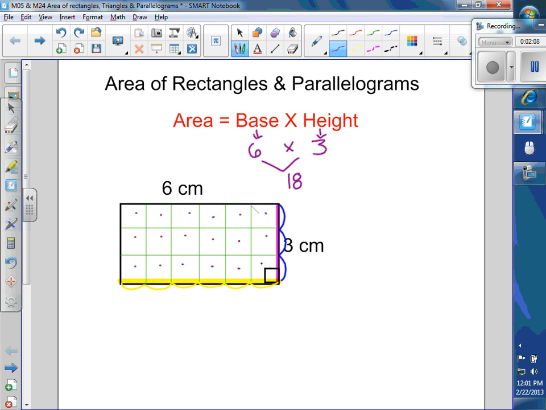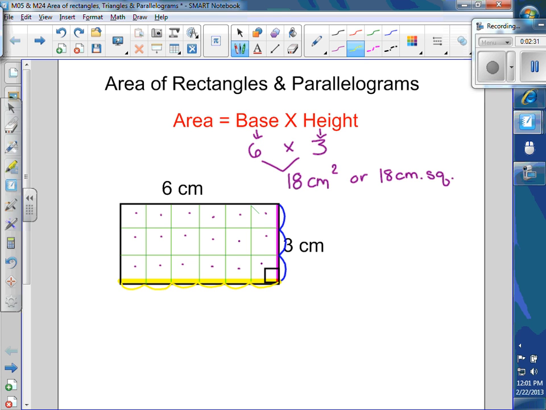There's 18 squares inside. So we say the area of this rectangle is 18 centimeters squared. Or you could also write it as 18 and write centimeters, I'll use the abbreviation, squared.